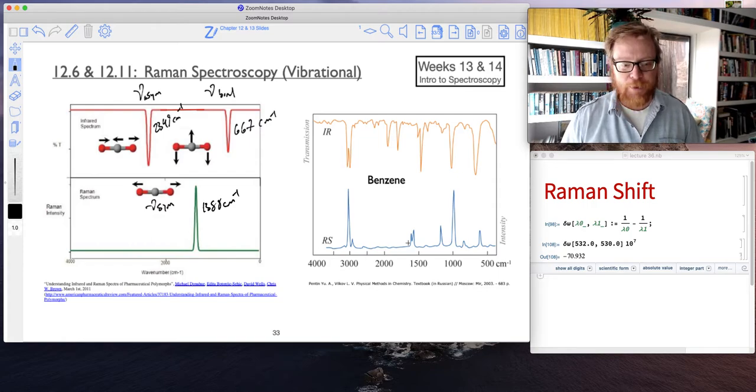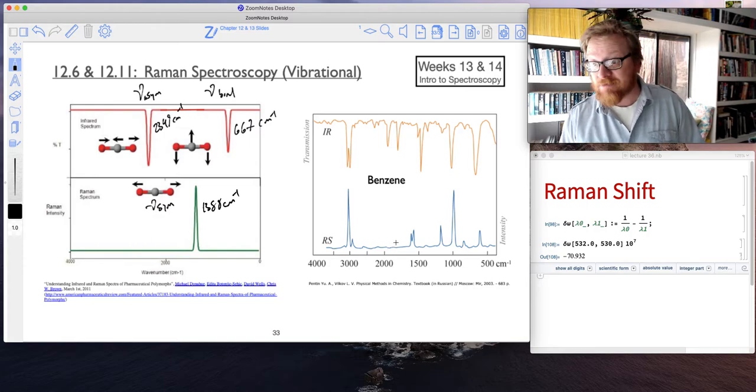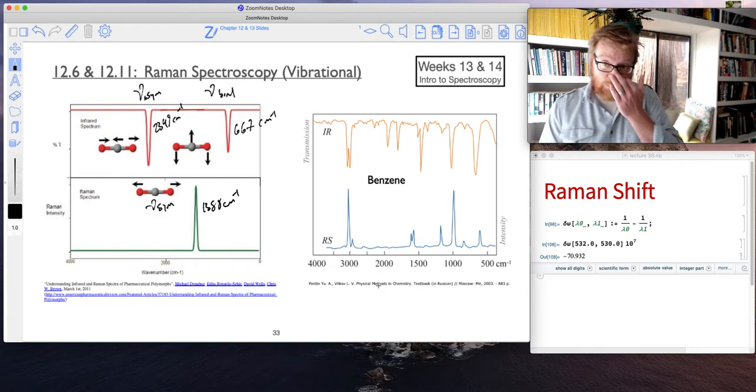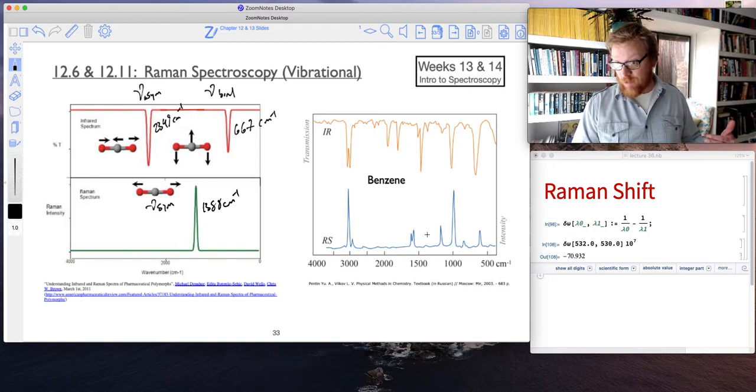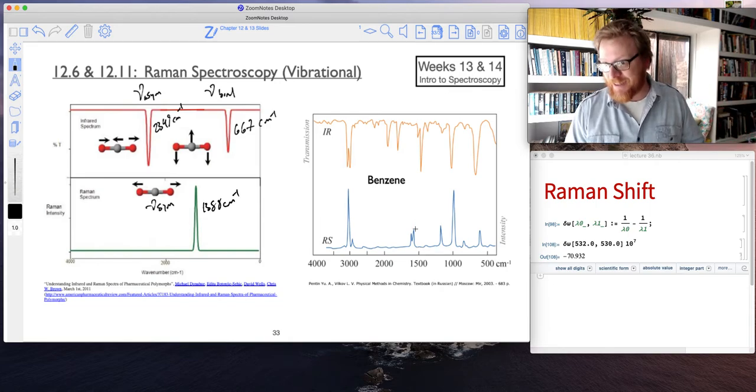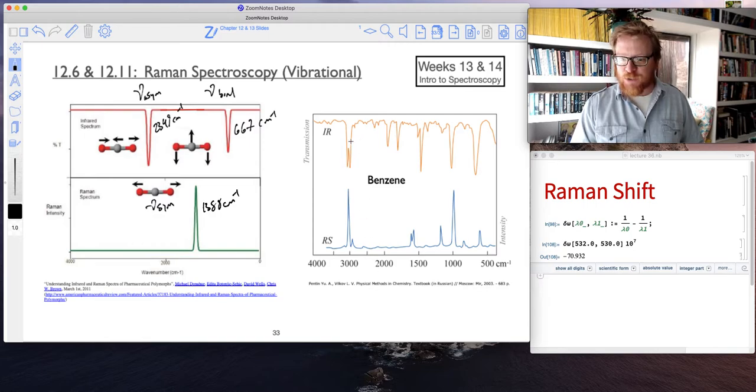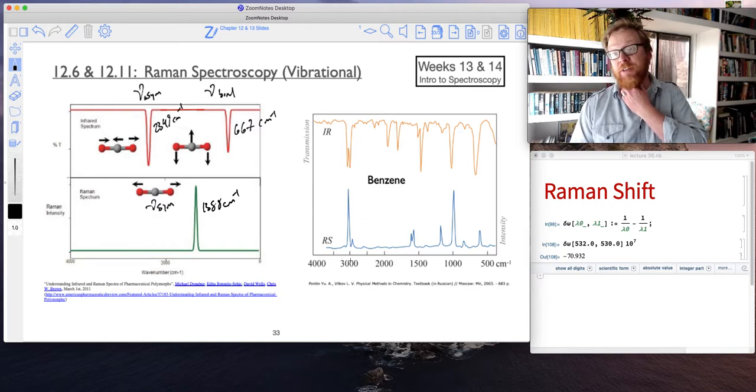Then you can get a really nice positive ID on a molecule, especially if it's a molecule that hasn't ever been synthesized before. If it's a brand new molecule, you might not be aware of all of the active FTIR modes or Raman modes. Or, as I alluded to earlier, if it's a complex arrangement of molecules, perhaps some novel phase or some novel arrangement, doing both techniques would give you an ultimate characterization of the molecule.